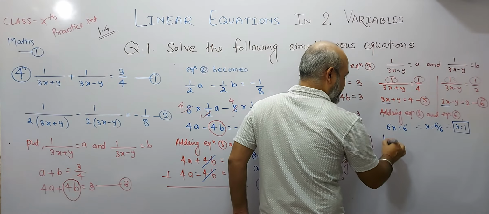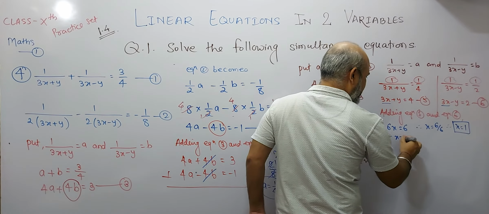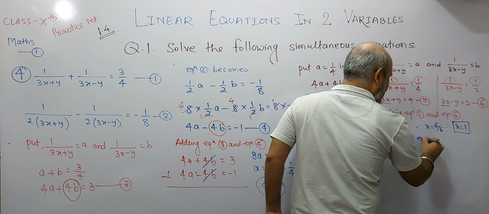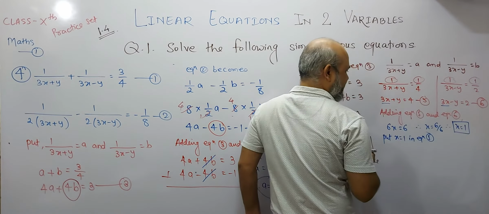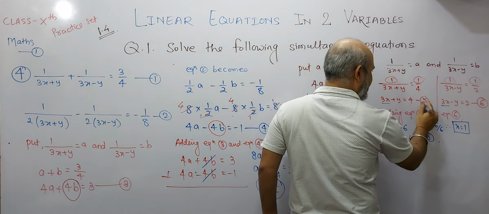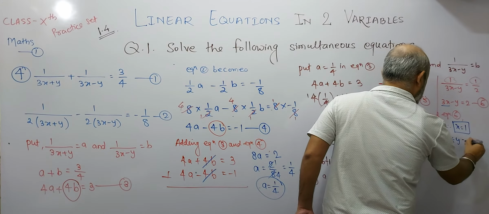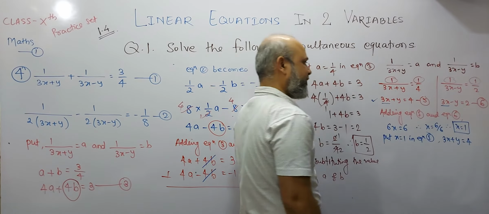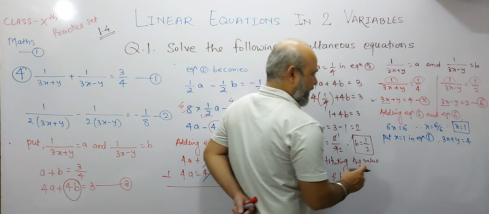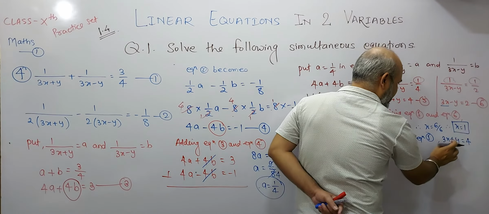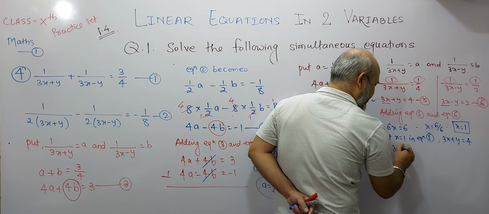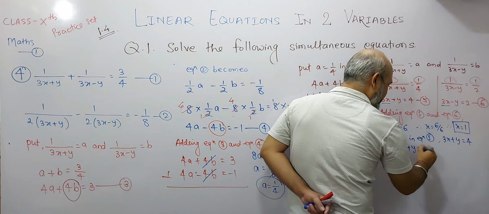Now put x is equal to 1 in equation 5. What is equation 5? Equation 5 is 3x plus y is equal to 4. Now we'll put the value of x as 1 here. So you will get 3 into 1 plus y is equal to 4.